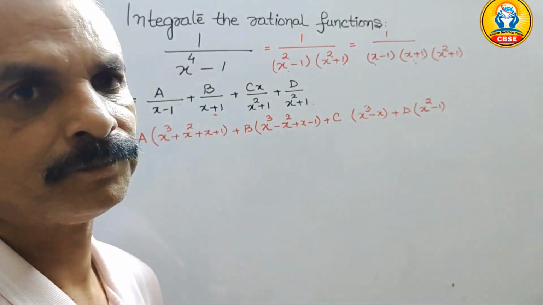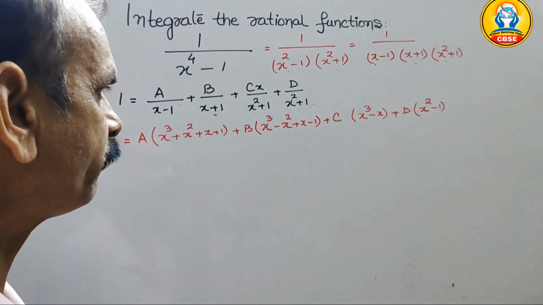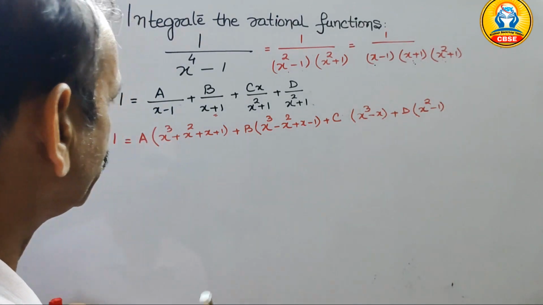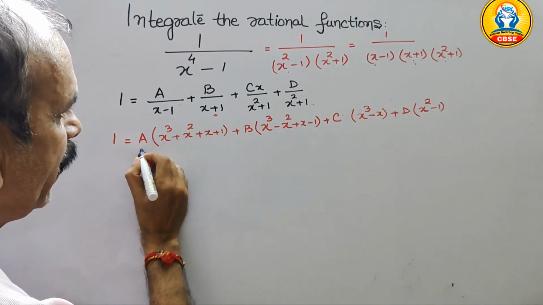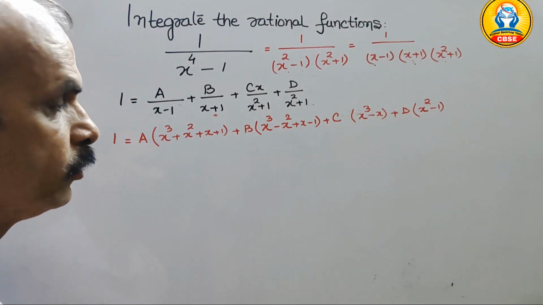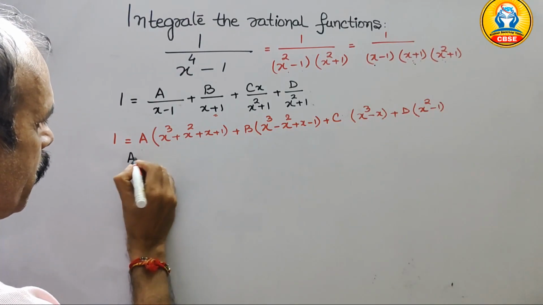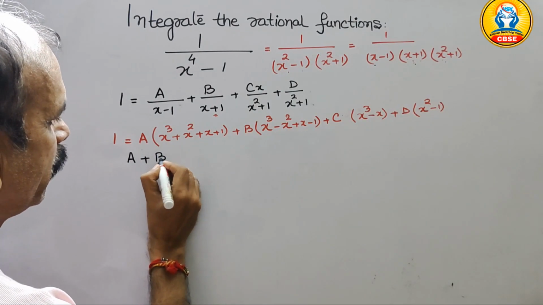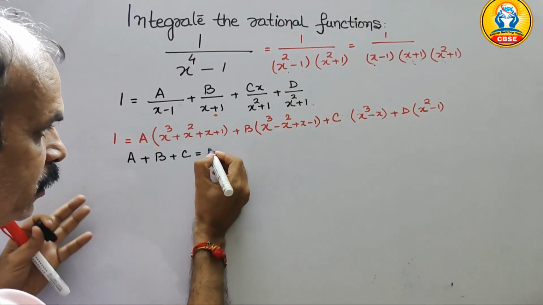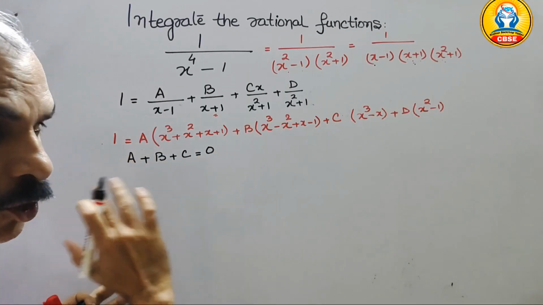Now equate. If you equate this, first we will take x cube. So A plus B plus C is equal to 0. Why? Because here x cube is not there.